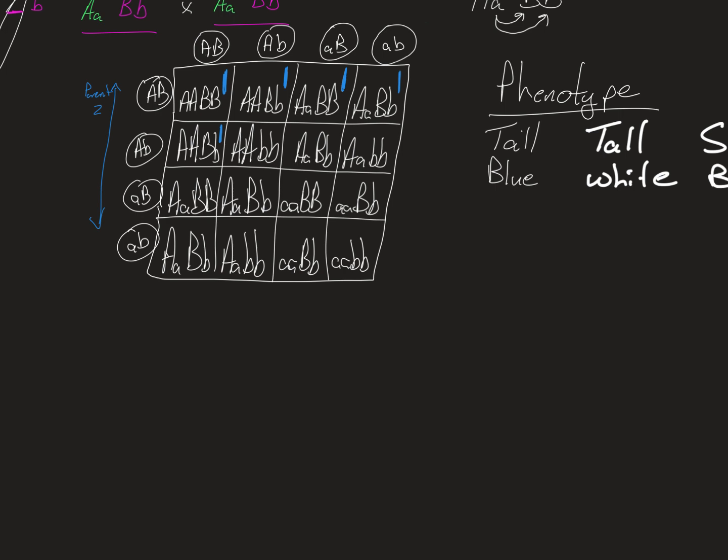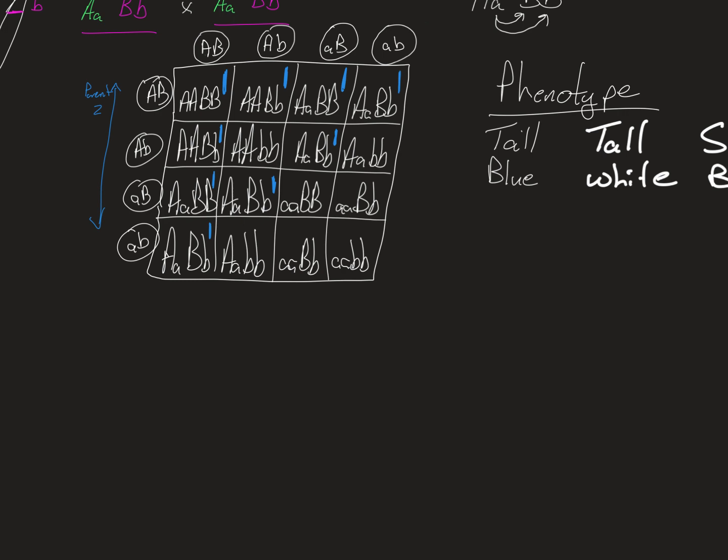No, that's tall and white. We don't want that one. But this one's tall and blue. And the next one is tall and white again, so that's not it. This one down here is tall and blue. This one is tall and blue. Next one's short and blue, which is not what we want. Next one's short and blue, which is not what we want. This one here is tall and blue.